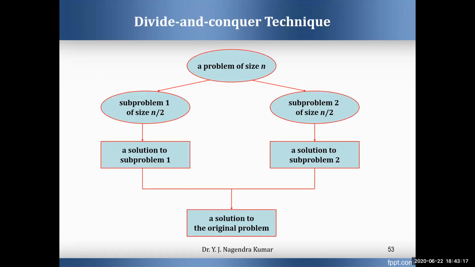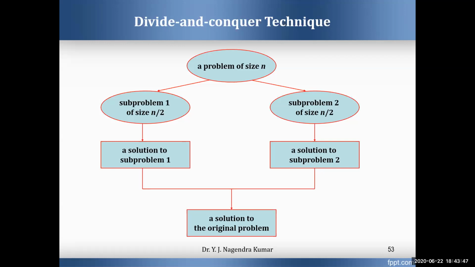So if you observe this flow chart, here we have to take an array of size n, then divide the array into two parts, n by 2 on the left side and n by 2 on the right side, that is, subarrays. And finally you have to divide the list further until we get single elements.